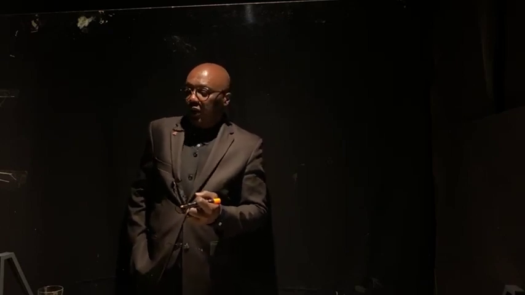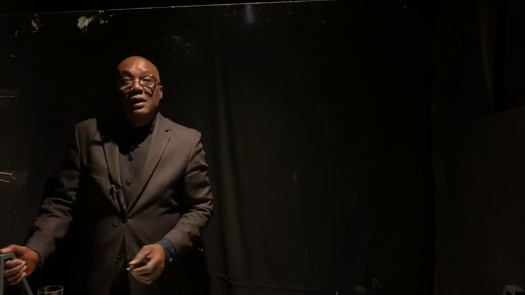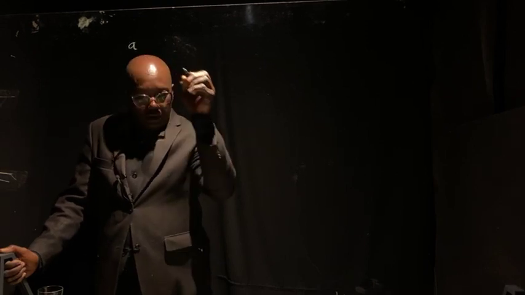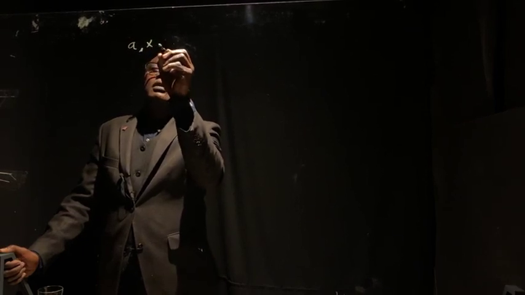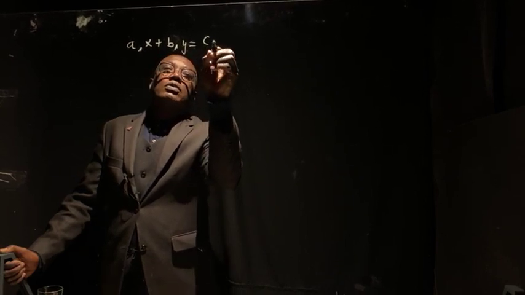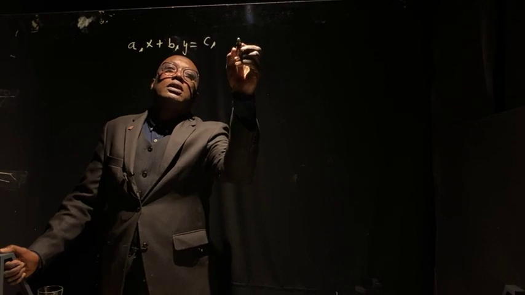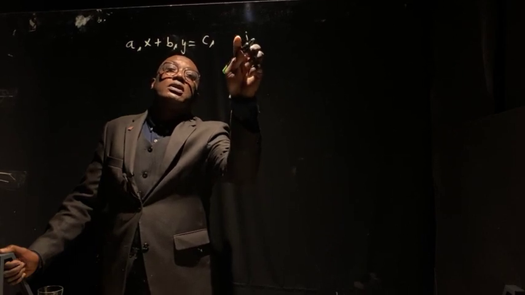Now, let me introduce you to 2x2 matrices. The 2x2 matrices is so far what we've been considering. For instance, if we have an equation like A1x plus B1y equal C1, I'll call it equation 1, as previously we saw.